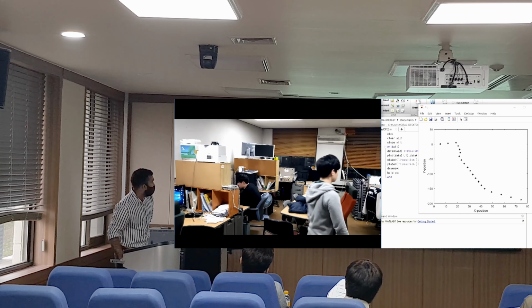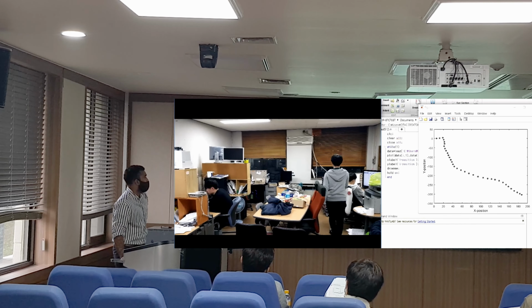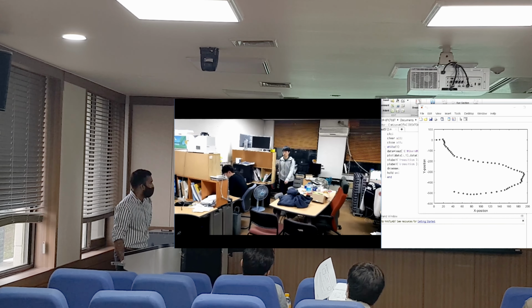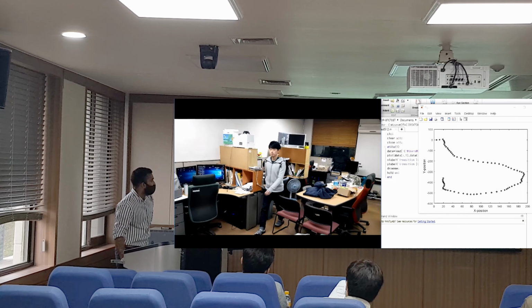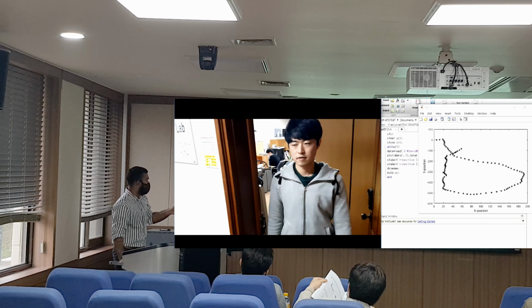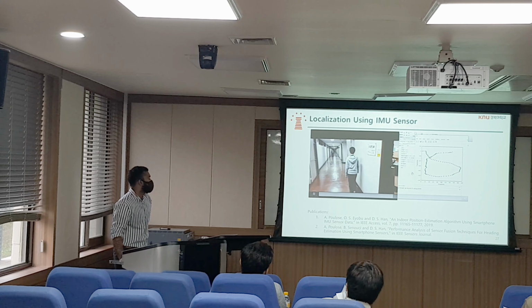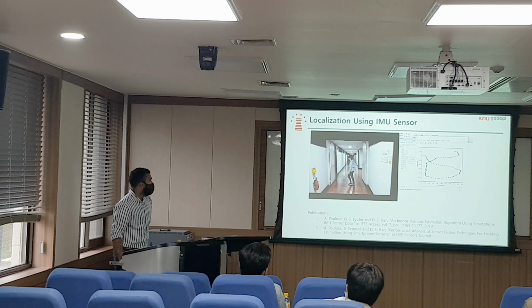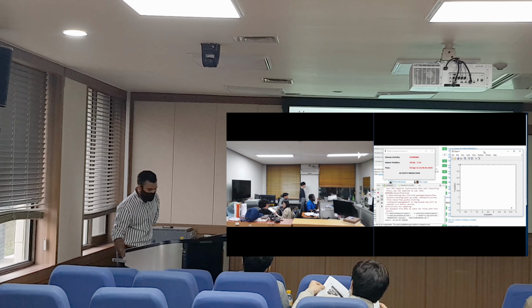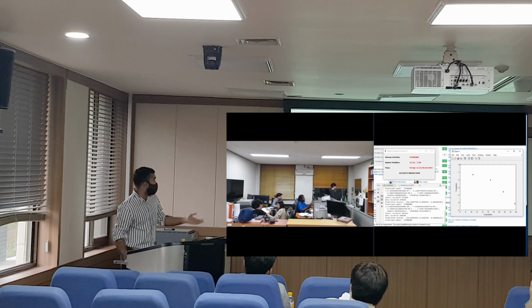Here is our basic, first implemented system using the IMU sensor. The user is moving and the trajectory pattern is tracked. But this system has some challenges and problems. Next, we consider the same IMU sensor data with activity recognition also.